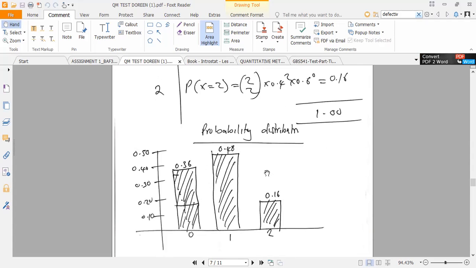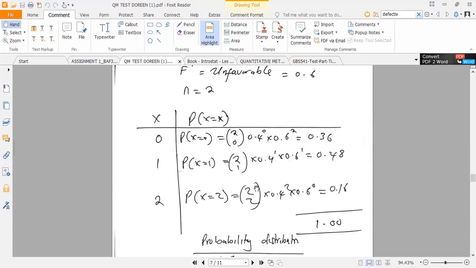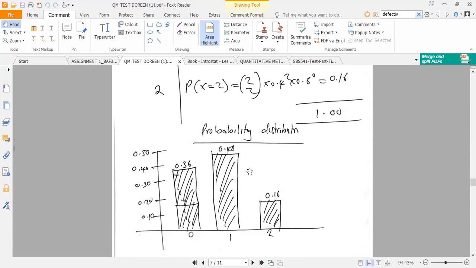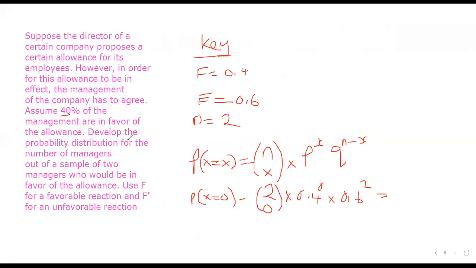This is what was supposed to be done for this question. It was a little bit tricky, so you need to understand what we use. So here, develop a probability distribution for the number of managers out of a sample of 2.